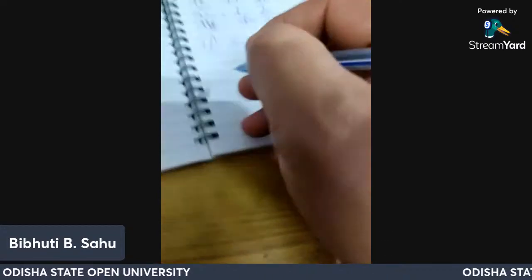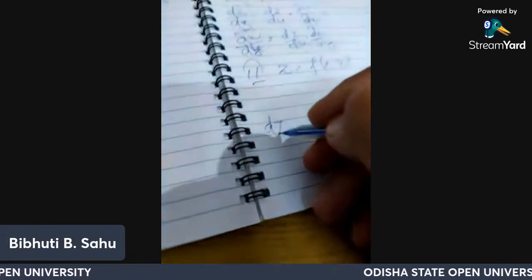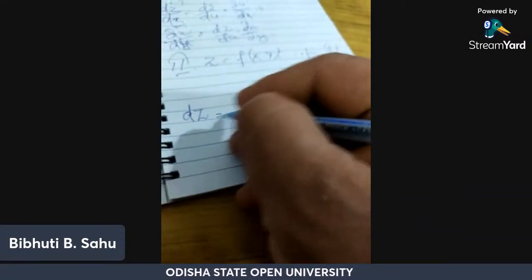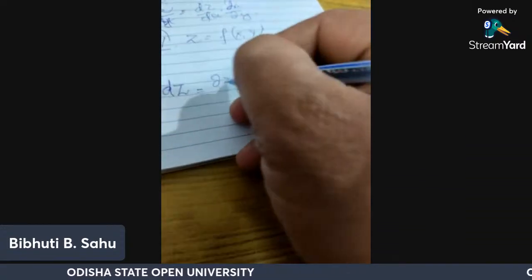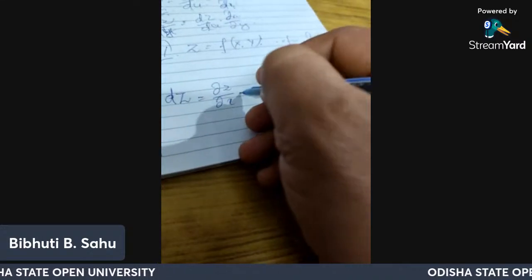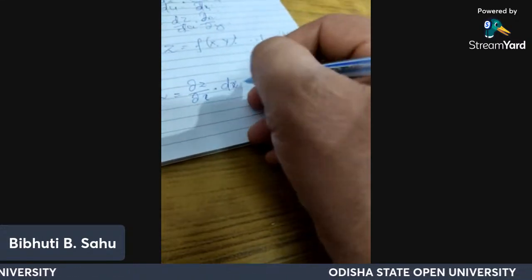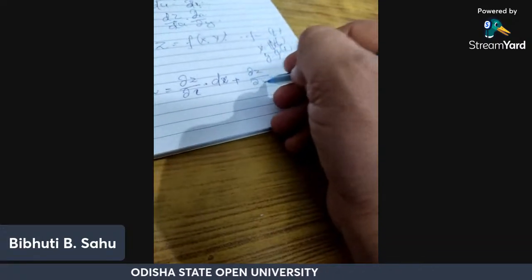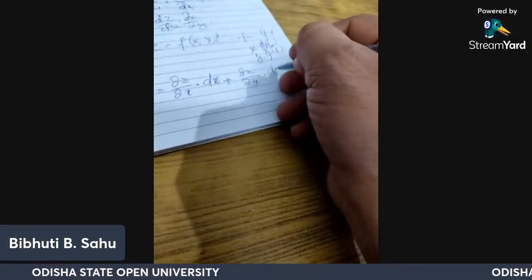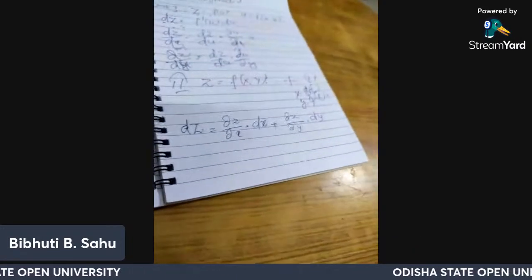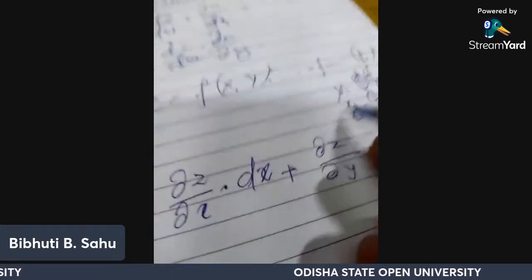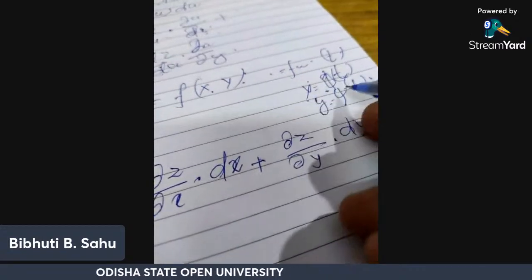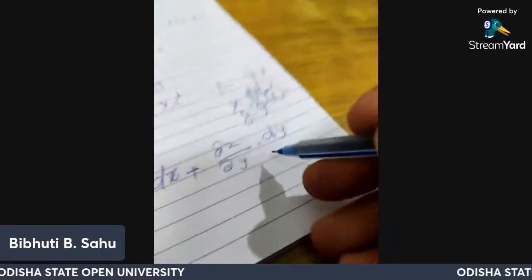Then in that case, the total differential dz is equal to del z del x into dx plus del z del y into dy. And here we have the functions: y is a function of t, x is also a function of t.